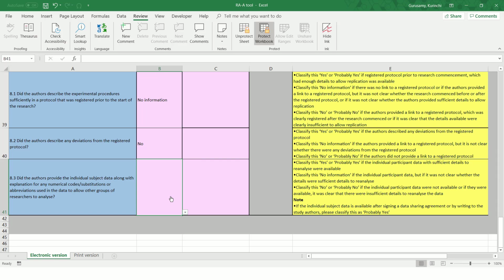Here again, did the authors provide individual participant data? We are going to say no if the individual participant data were not available, because the authors are saying that they will not give data if a request has been made.